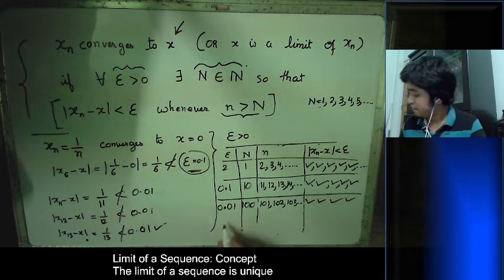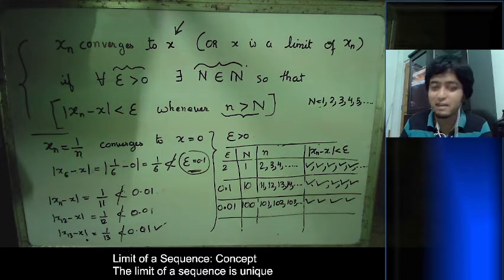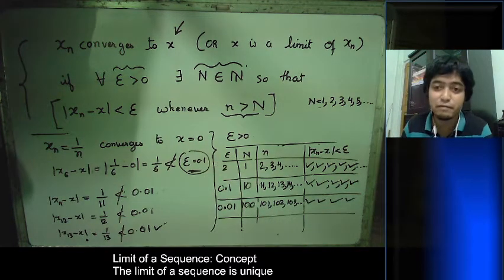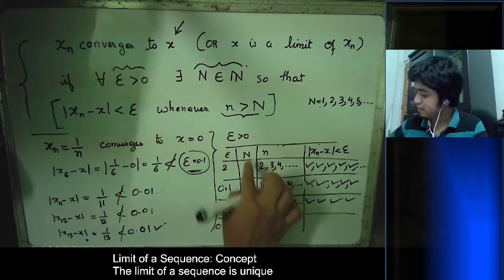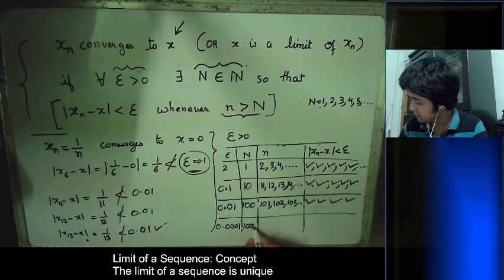From this, what idea can we get? We are getting an idea that if I give you any epsilon, whatever the value of epsilon may be, even a very small one, you can always find a corresponding natural number N, let's say over here 10,000.